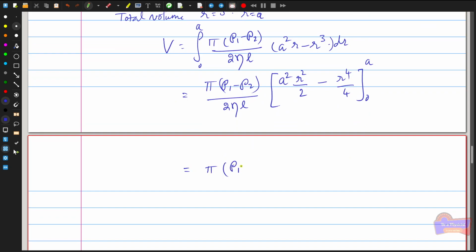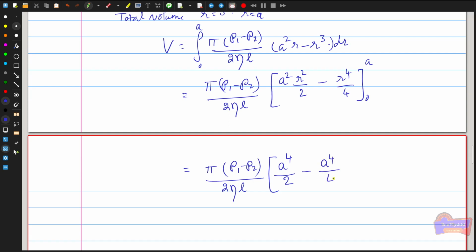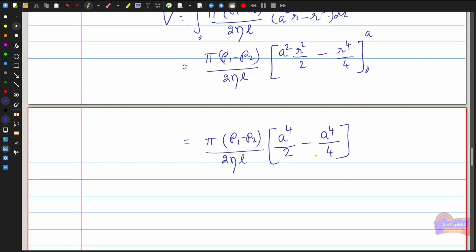If you substitute the limits, I get pi (P1 minus P2) divided by 2 eta L, and here a power 4 divided by 2 minus a power 4 divided by 4. So I can take the common LCM, you will get the 4 here, and you get 2 a power 4 minus a power 4, which gives a power 4, and the 4 is taken outside.